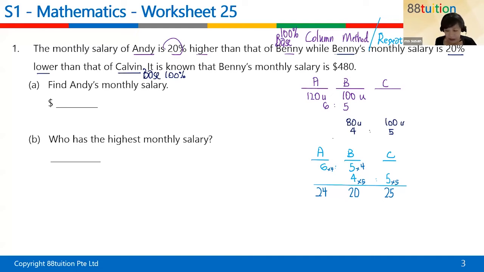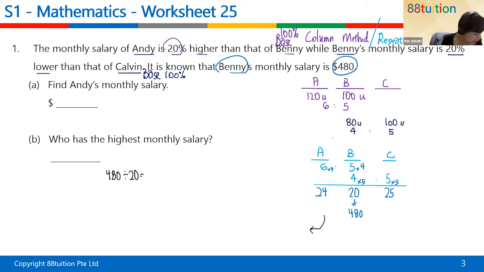So if I continue, they say Benny's monthly salary is 480. So in terms of this, can I say this is 480? Now I have at least one known value. Then 20 units is 480, so I divide by 20 to get 1 unit.